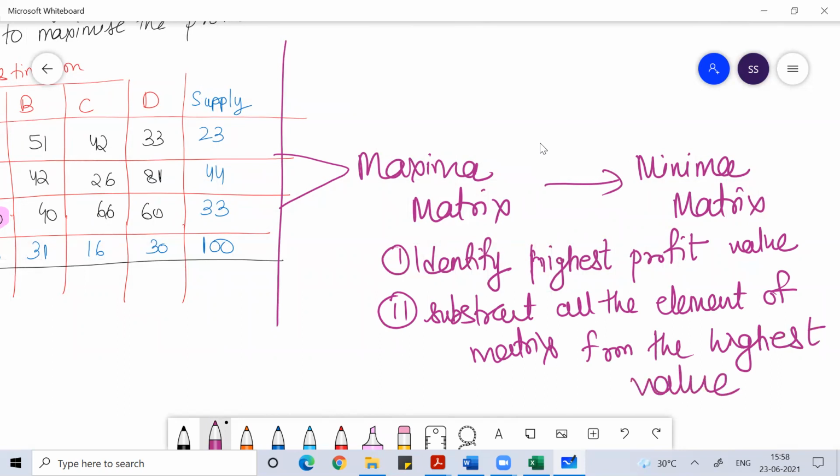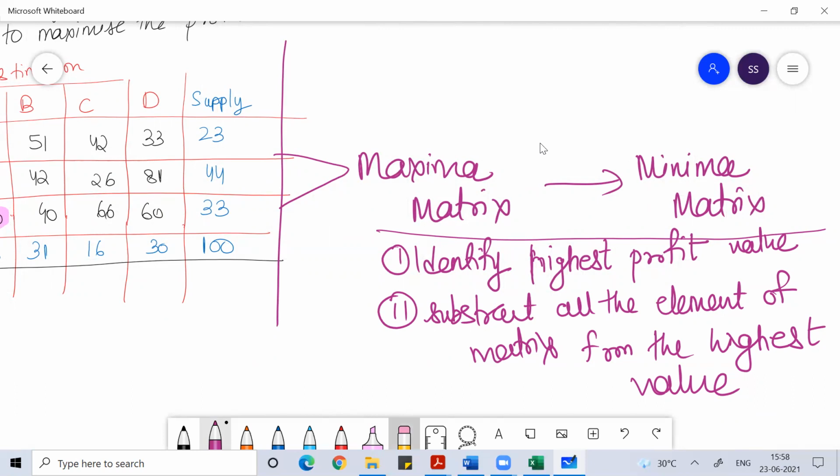That way I can convert this maximal matrix into a minimum matrix. Clear, everyone? That is the procedure I need to follow to convert this maximal matrix into a minimal matrix.